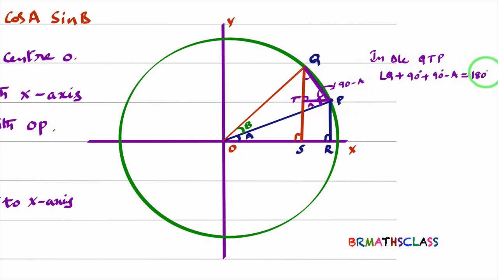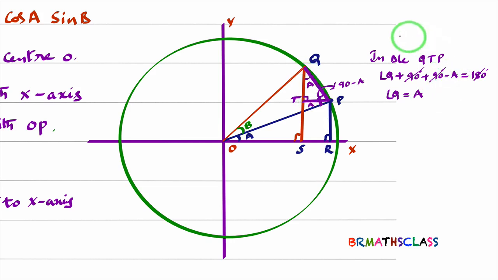So I'll write 180 degrees here. Now this 90 degrees plus 90 degrees is 180 degrees. This 180 will get cancelled. Angle Q is what? Take minus A to the other side, it will become plus A. So what is this angle? This angle is A. This is the point you need to understand.